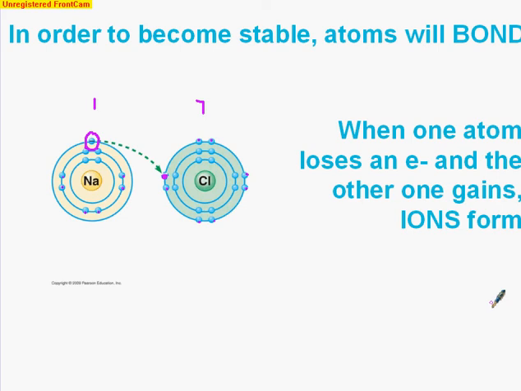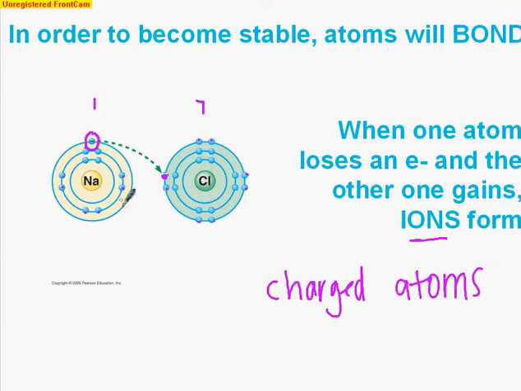When one atom loses an electron and the other one gains an electron, we end up with ions. Ions are charged atoms. In this case, sodium lost an electron, so it now has a net positive charge, more protons than electrons. Chlorine gains an electron, so now it has more electrons than protons, and now has a negative charge.